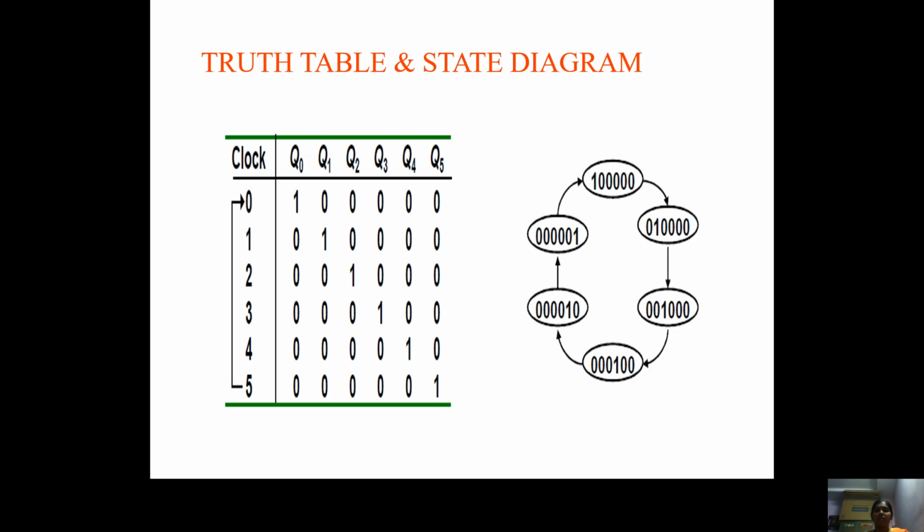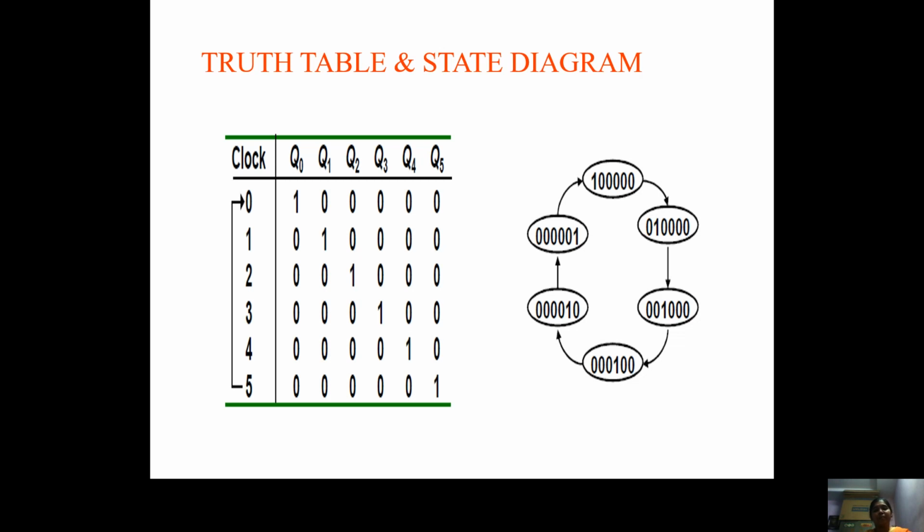Since it is using 6 flip-flops, it is able to count 64 values, whereas only 6 states are being used, so the remaining states are not utilized. That is the disadvantage of this shift register, ring counter.